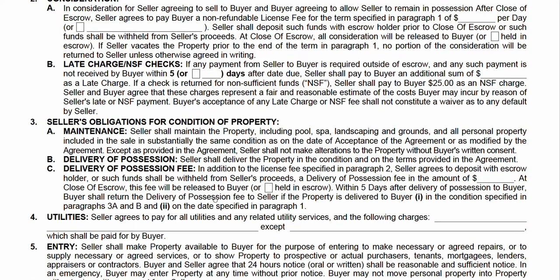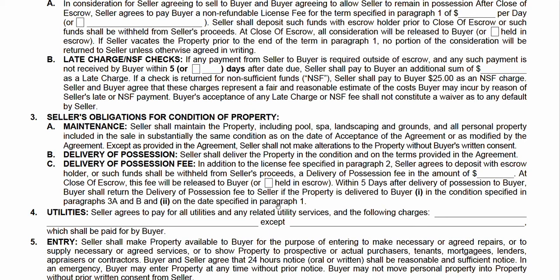Now, we're going to go down here, and actually, I should mention one other thing too. The seller is still obligated to give keys to the buyer. I just want to throw that out there because this has come up on calls I've been on where the seller thinks that the buyer can just wait and that the seller is basically still the boss. Well, it's not that simple. The seller is a tenant, the buyer is a landlord, the buyer needs keys, the buyer needs control, the buyer needs access.